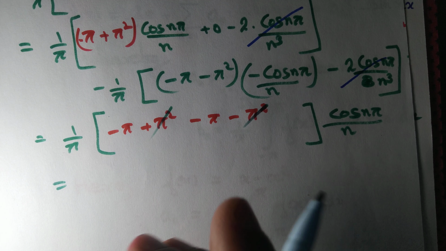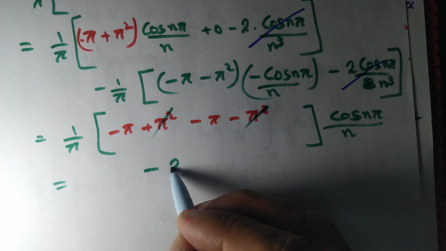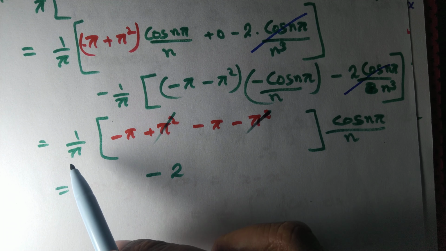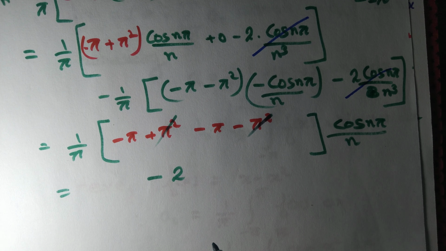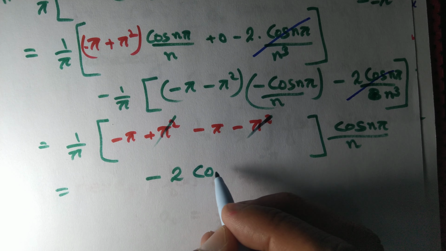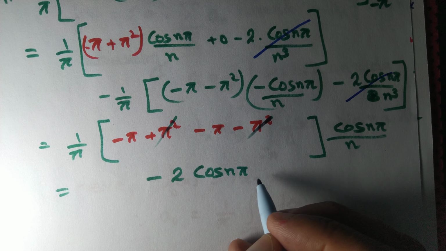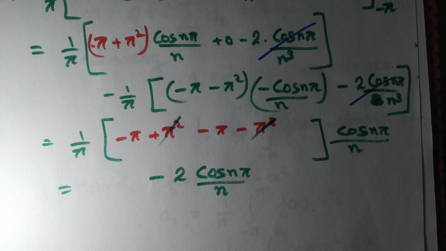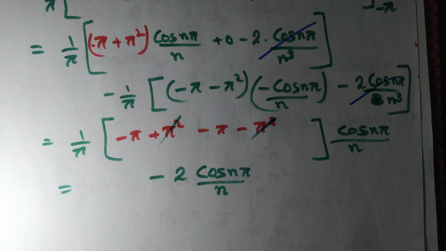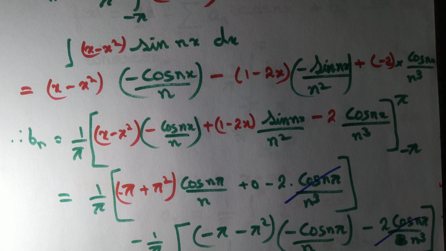So this is left out simply minus 2, because 2 pi by pi is 2, minus 2 cos n pi by n. So we have computed a0, an, bn.